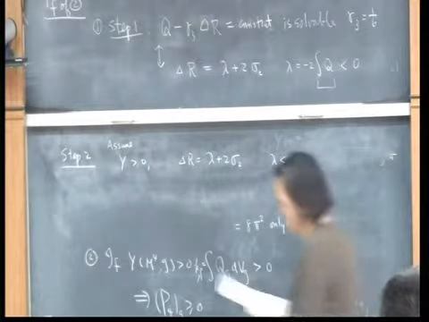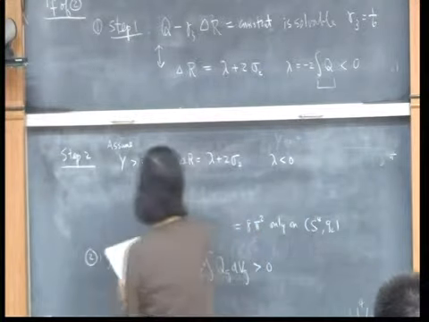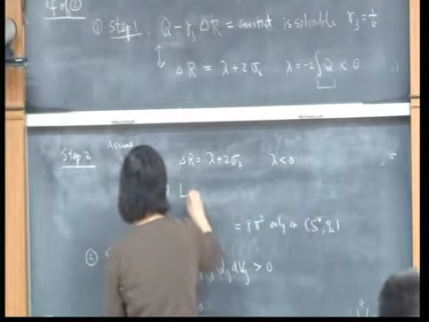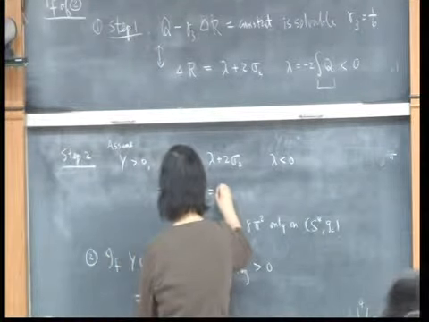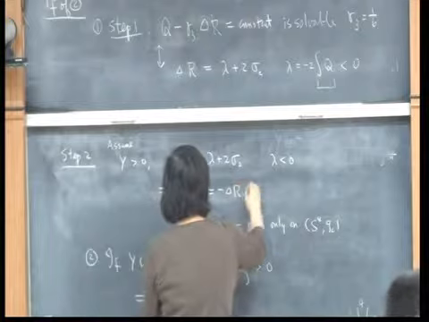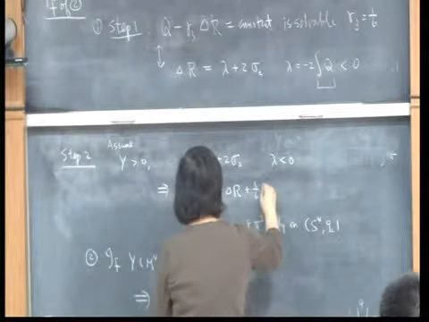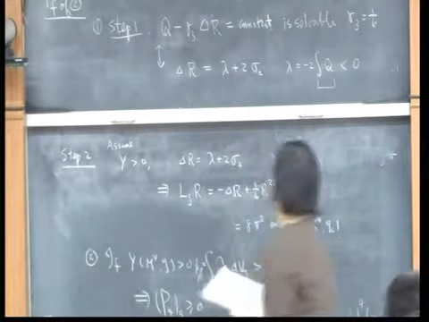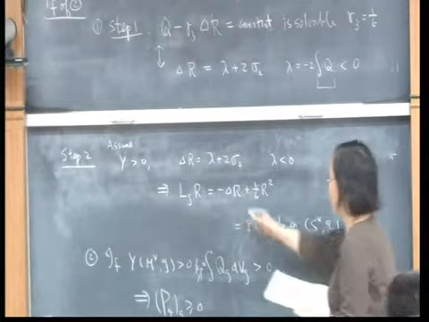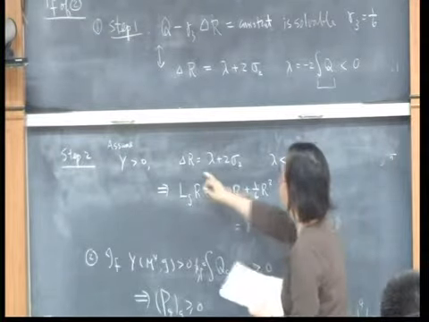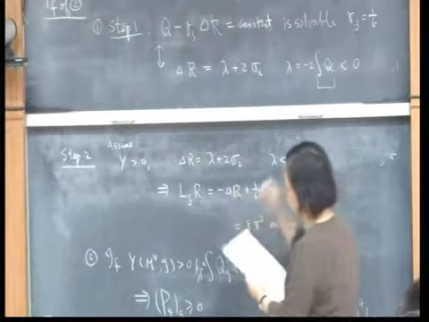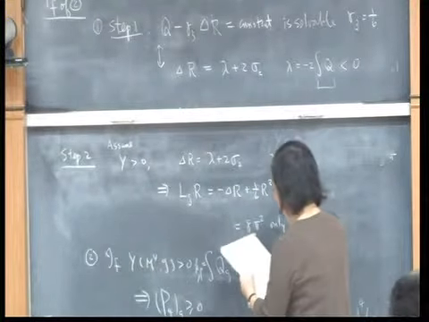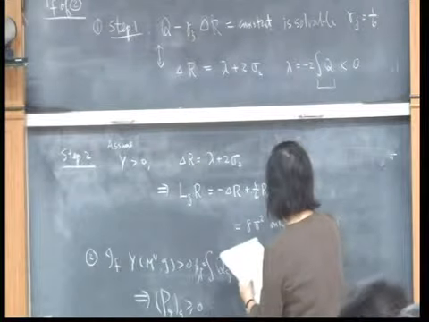One can show in this case, this would imply a conformal Laplace operating on R. Remember, this is equal to minus R plus 1/6 R squared. If one plugs this into this expression, one can see this thing has a sign.